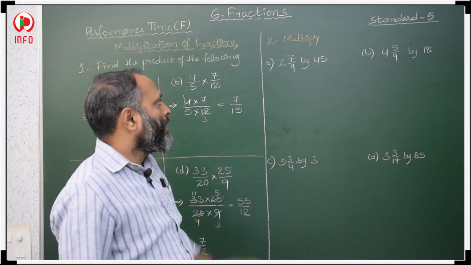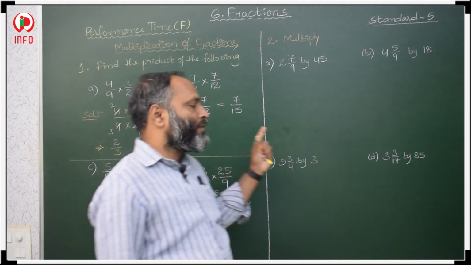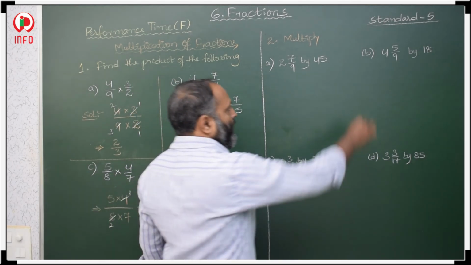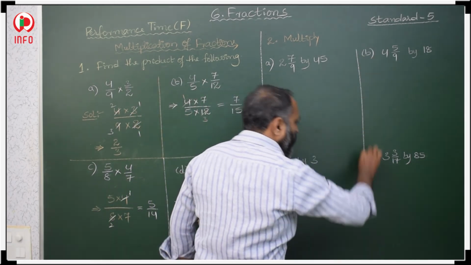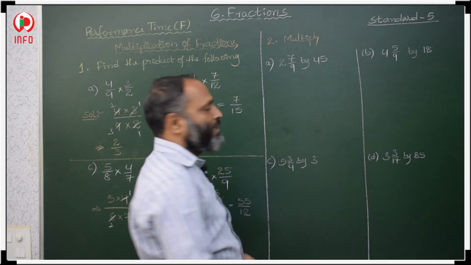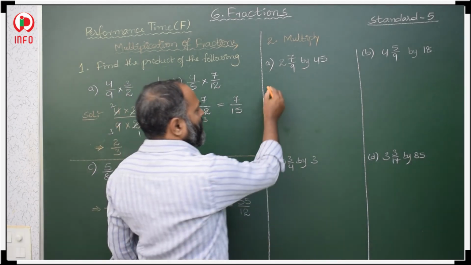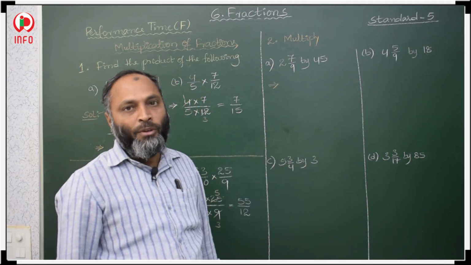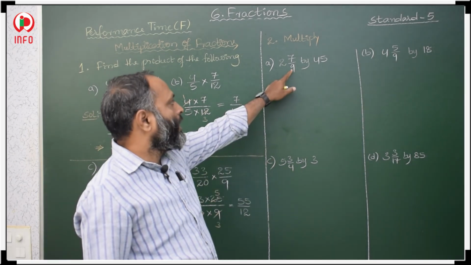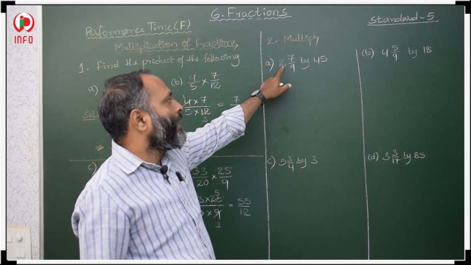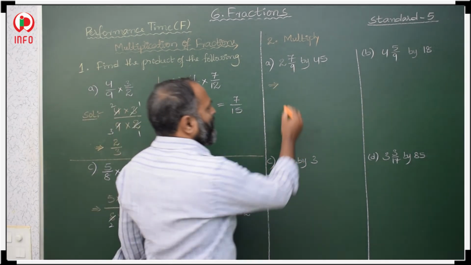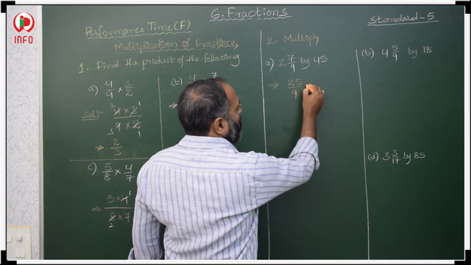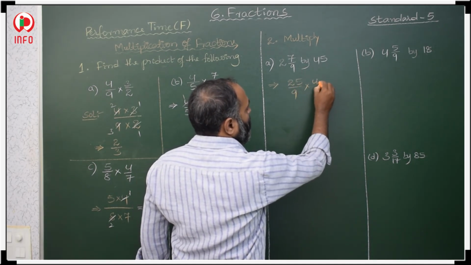Now, here multiply. So, mixed fraction with whole number we have to multiply, okay. Then how to multiply mixed fraction with whole number? See here, first this mixed fraction we have to convert into improper fraction. 9 2s are 18, 18 plus 7, 25, 25 by 9 into 45.